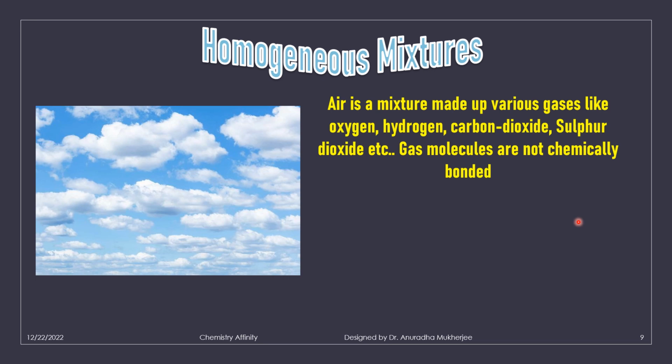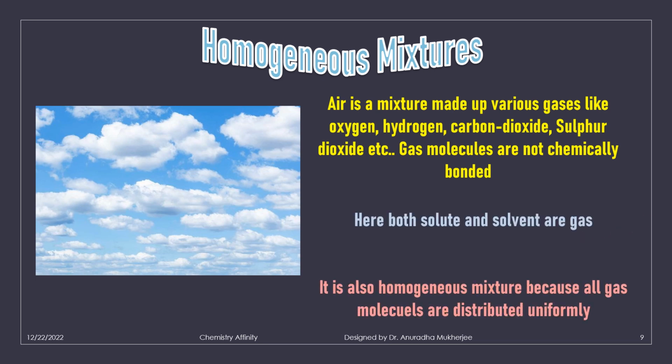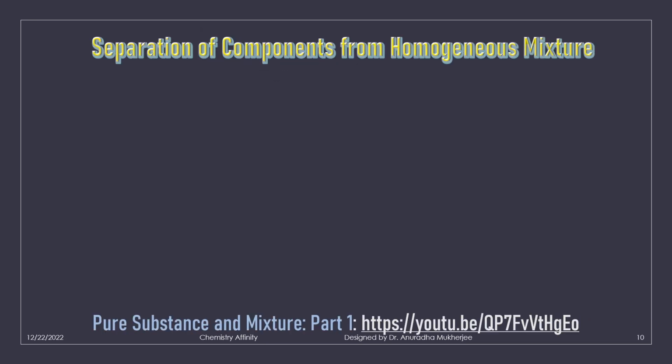Here is a mixture which is made up of various gases like oxygen, hydrogen, nitrogen, carbon dioxide, sulfur dioxide, and all these gas molecules are not chemically bonded. So that's why it is called a homogeneous mixture. And here both solute and solvent are gas. So it's a gas-gas solution. And it is also a homogeneous mixture because you can't make out oxygen, hydrogen, carbon dioxide molecules from the air. So that's why air is called a homogeneous mixture.